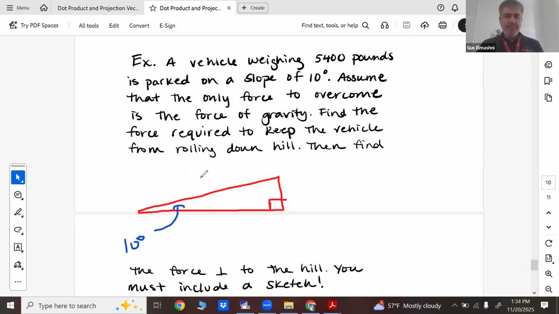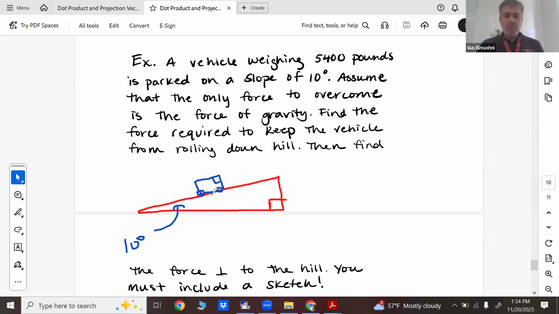Okay, here's a car. Crappy looking car. It weighs 5,400 pounds.